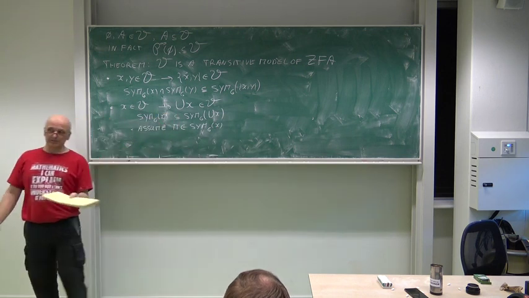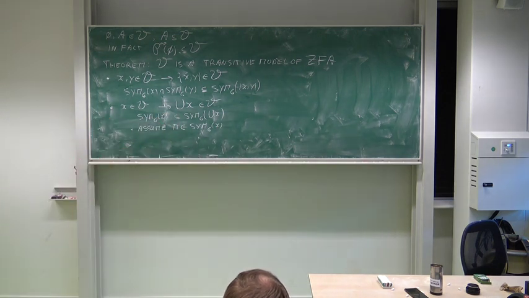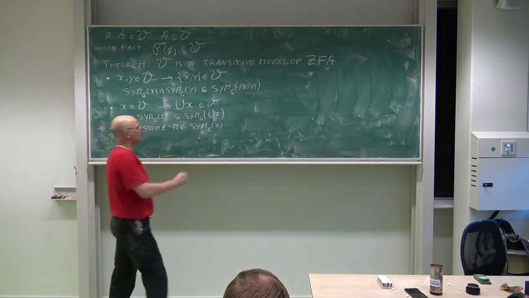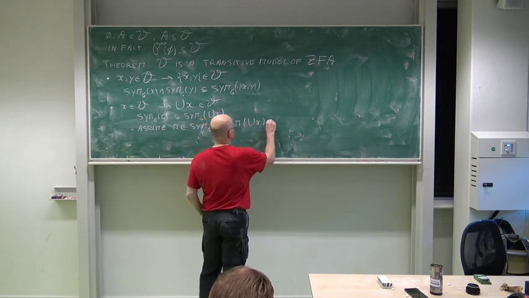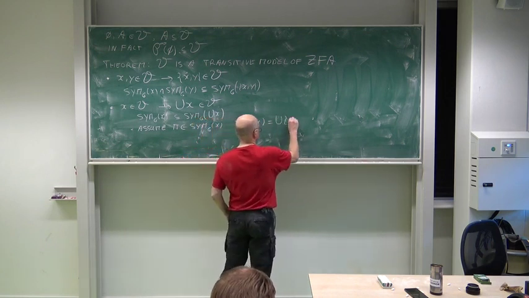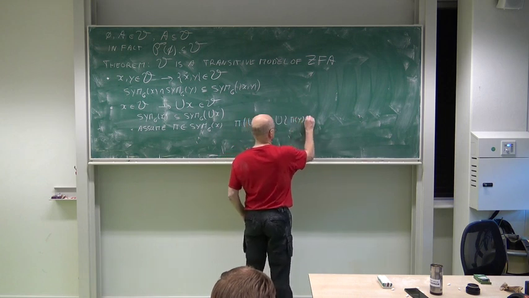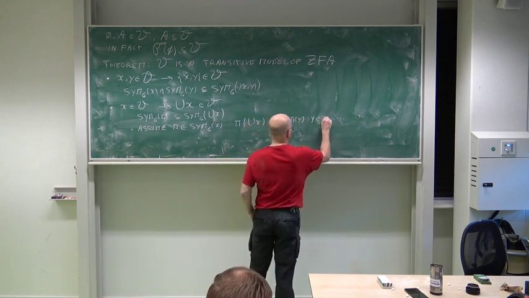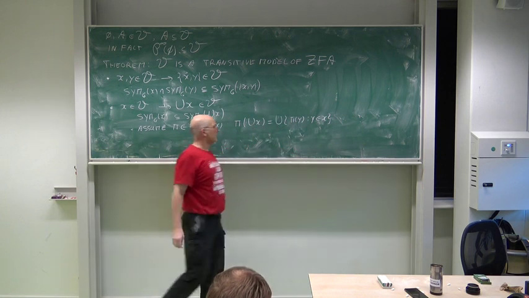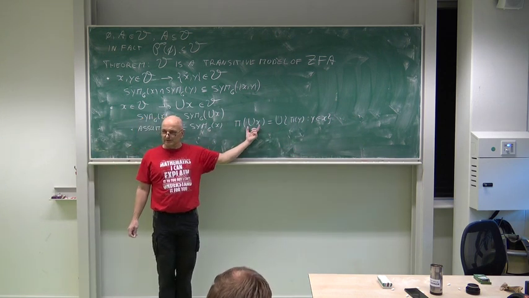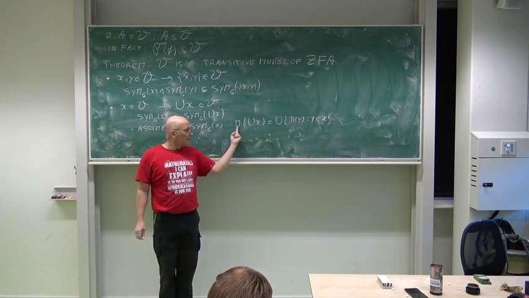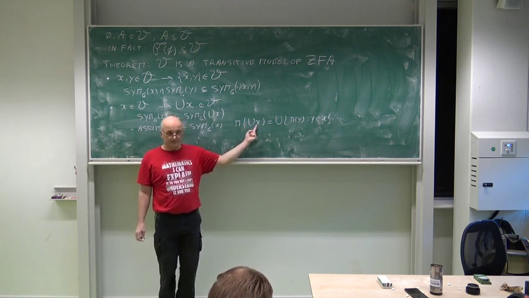So let us assume that pi is in the symmetry group of X. Now, union X, that's the short definition, but what is pi of the union of X?